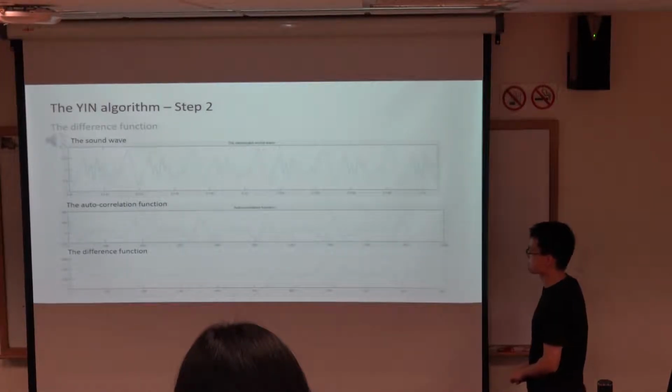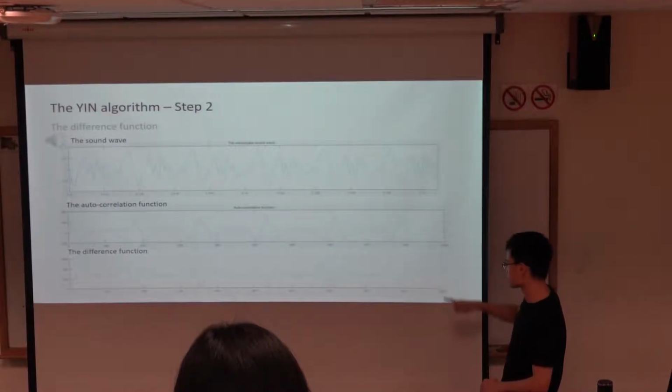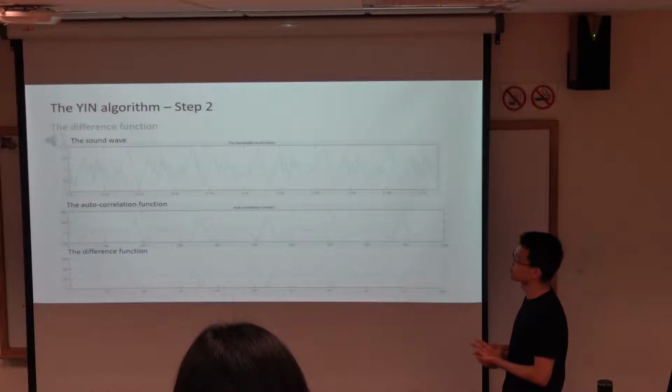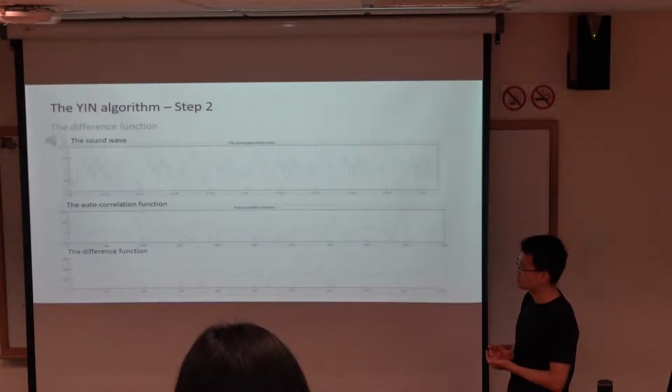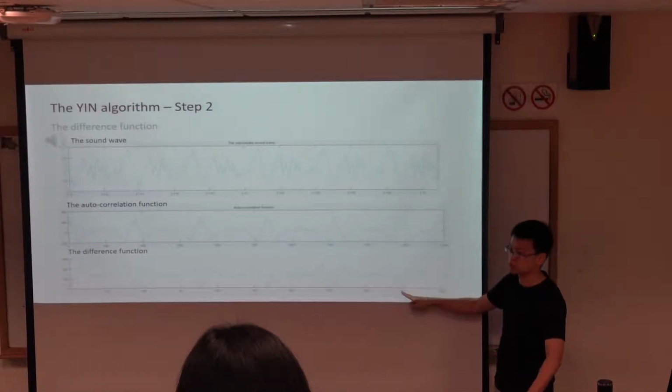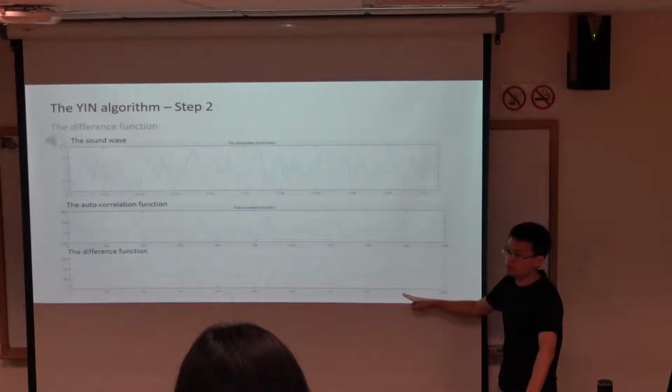Well, but the benefit of this function is that it gives us a solid value to say that this is a perfect period and that's not a perfect period, because we have a concrete value to compare with. It's 0.